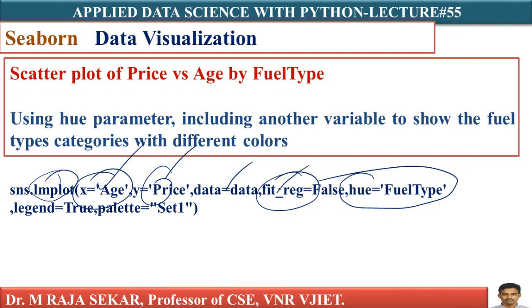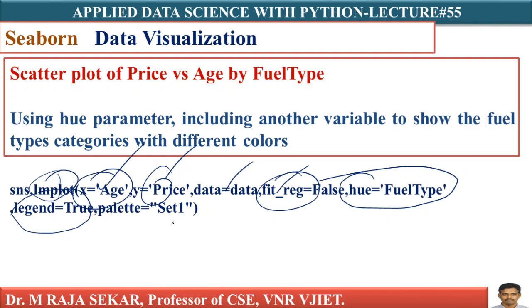That's important. In that case, we need to know which color represents what category, so I need to have legends as well. So I have set legend equal to true. Legend I already discussed in matplotlib with the help of labels. And you can also set color palettes using the different color palettes available in the Seaborn library. One of them is called Set1. There are different color palettes.